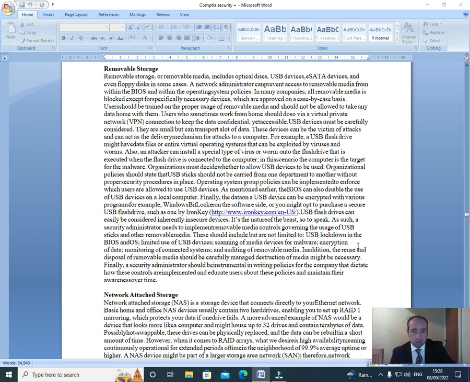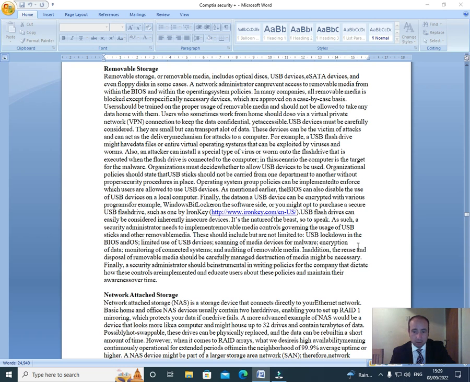Organizations must decide whether to allow USB devices to be used. Organizational policies should state that USB sticks should not be carried from one department to another without proper security procedures in place. Operating system group policies can be implemented to enforce which users are allowed to use USB devices.